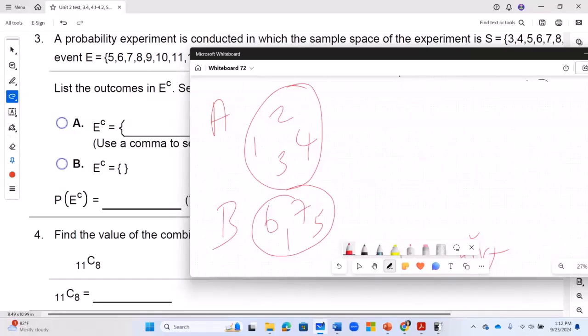A question can ask me, find (A union B) complement. No problem, I'll find A union B first. If I find everything in A and B, the complement is things that are not in A and B.